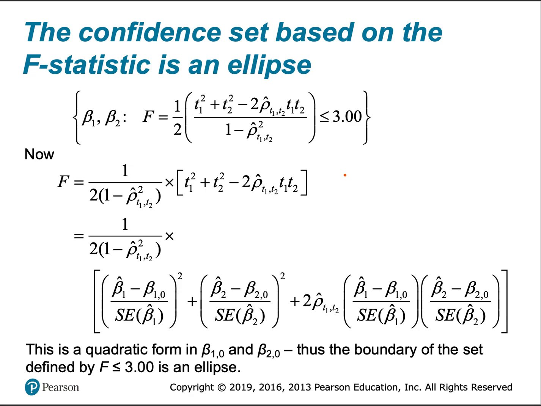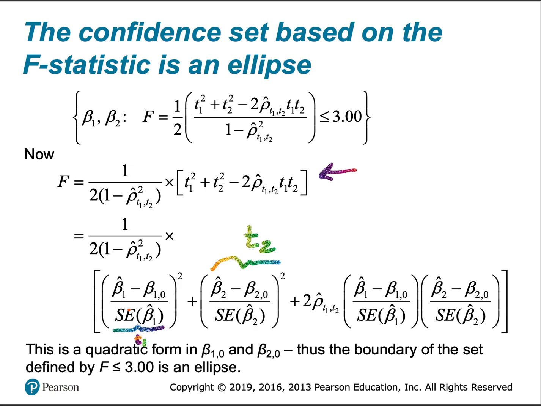We can take this F statistic and write it as a function of the estimated coefficient and the null hypothesized coefficient by substituting in the expression for t1 and t2. And that is what you see here.